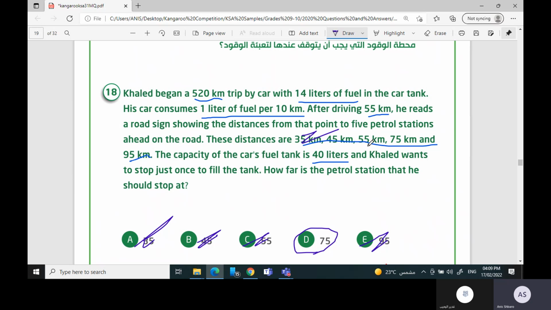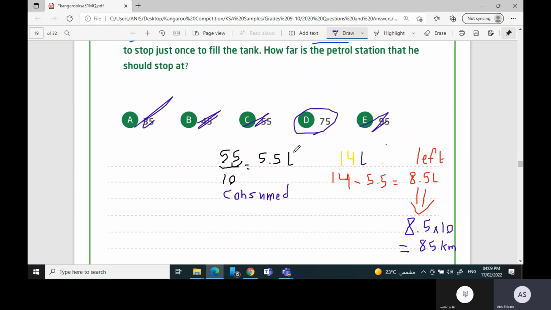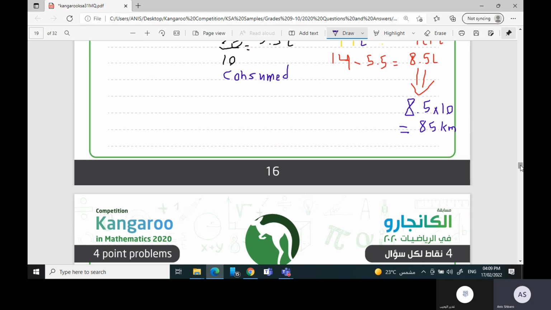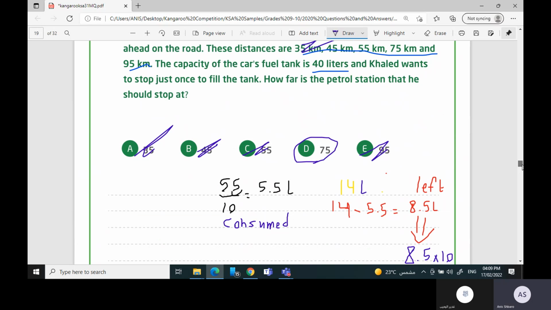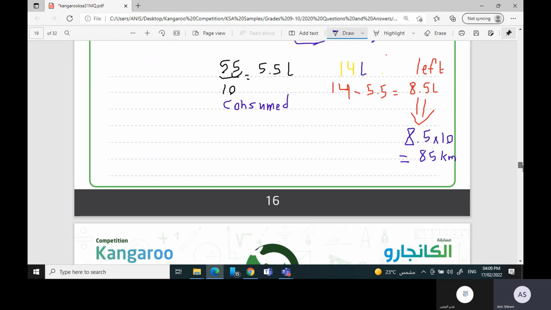We found we can take 55 and 75 then, so we cross out all these values. 95, no, of course not, because the car will stop before he gets there, so that's why we stick with D. Okay, hope everything is clear, and if you have a question, please text me.